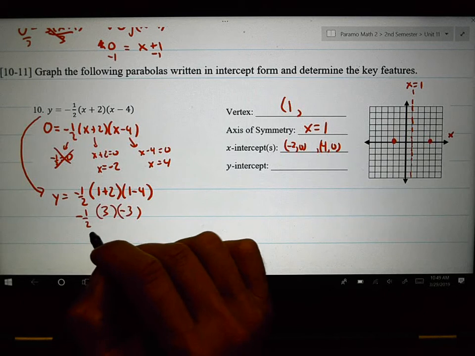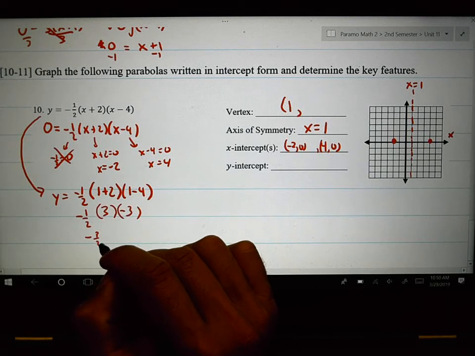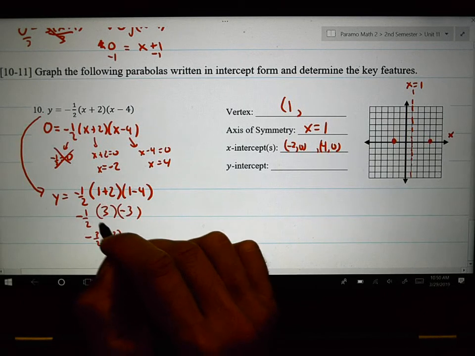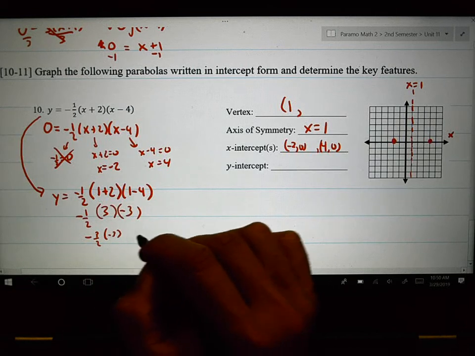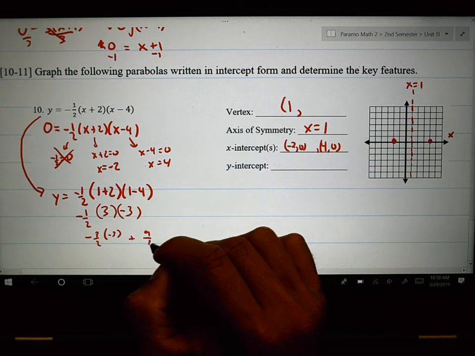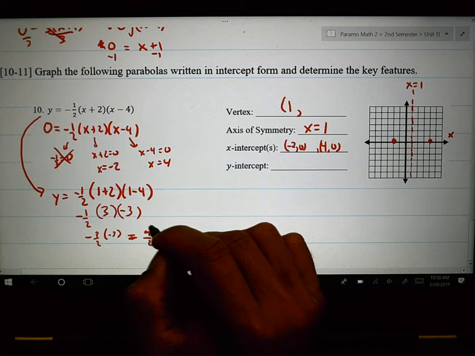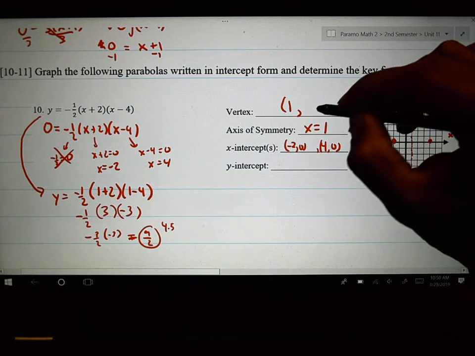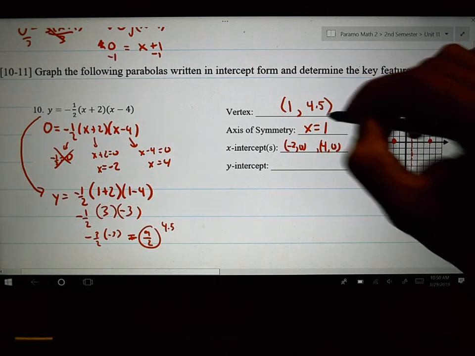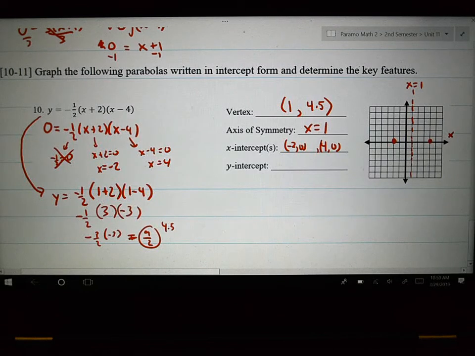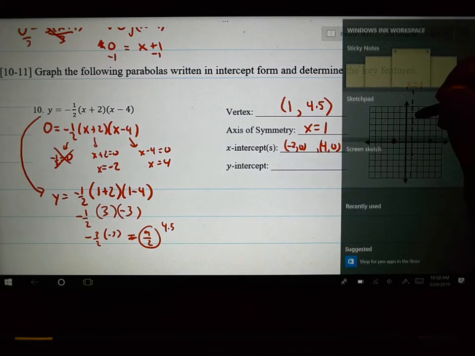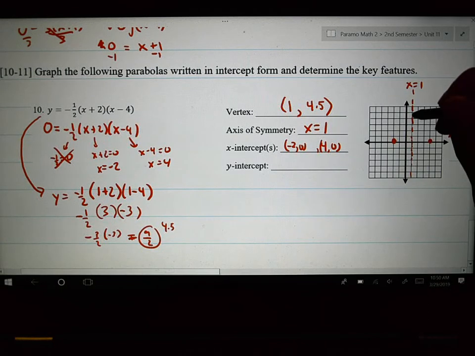So multiplying, I get negative 3/2 times negative 3 is a positive 9/2, or 4.5. Which means on this graph, if I go to the right one and up 1, 2, 3, 4.5, that's where my vertex is.